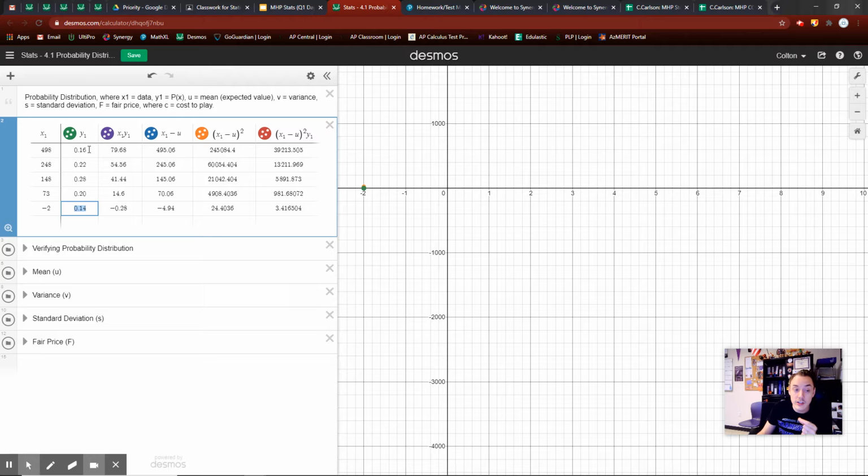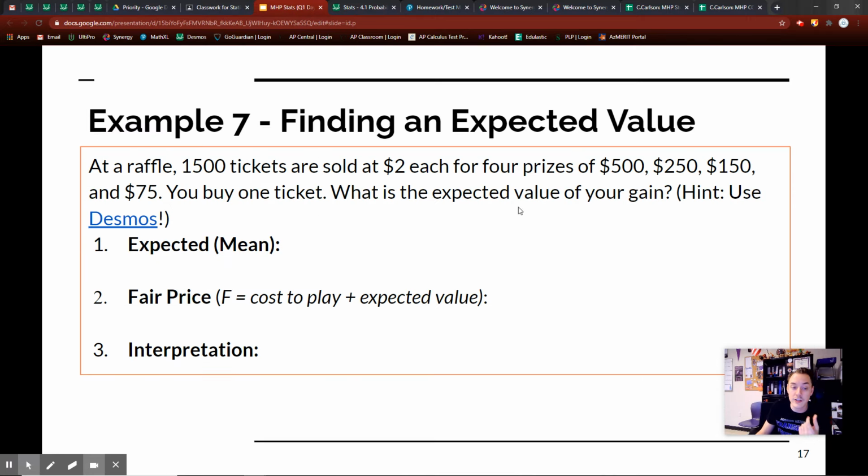Now, let's go through our probability. Let's adjust these. Remember, I can't adjust these, but I can adjust my probabilities here. Now, my probabilities are going to be a little bit different because we're going to have fractions here. So we have a total of 1,500 tickets of four prizes. You buy one ticket.